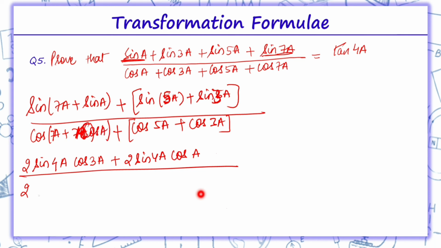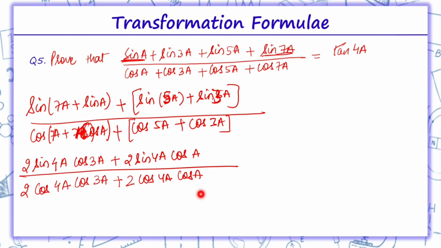So it will be written as 2 cos 7a plus a by 2, 8a by 2, 4a, 7a minus a by 2, so 6a by 2, that is 3a. Again cos C plus cos D, so 2 cos 5 plus 3, 8a by 2, 4a, 5 minus 3 will get cos a.